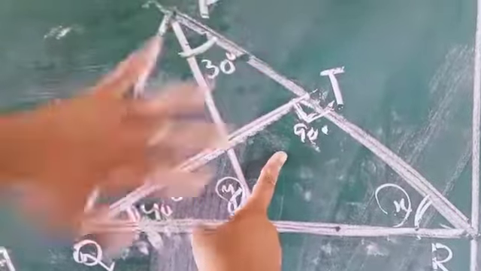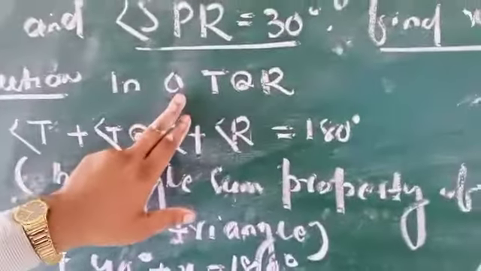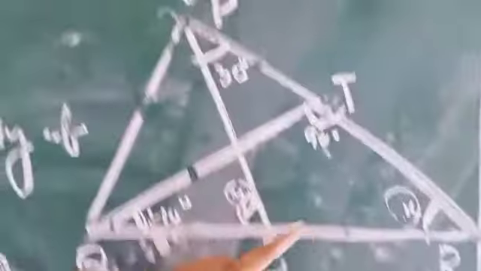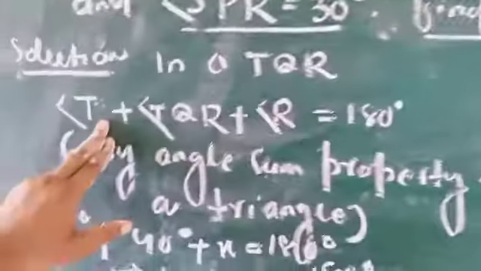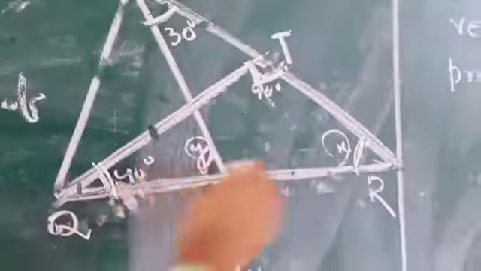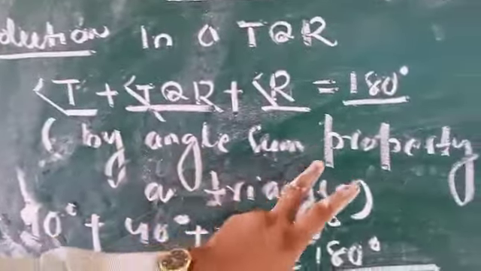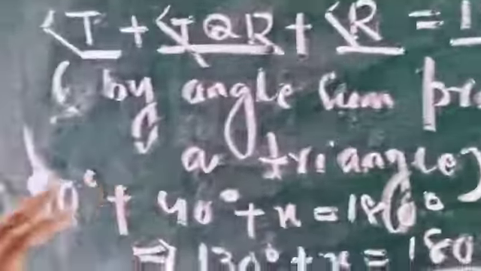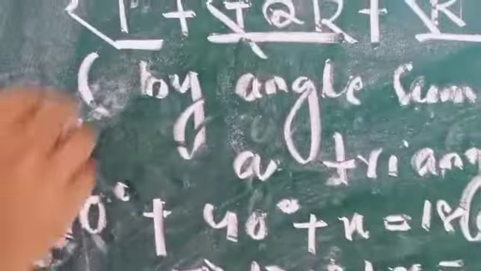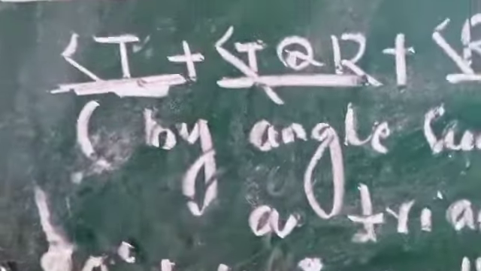So therefore I have written here, in triangle TQR, angle T, which one? This one. Angle T plus angle TQR plus angle R, the three angles, is 180 degrees. Reason: angle sum property of a triangle. So in place of T, what can you write? See the figure.